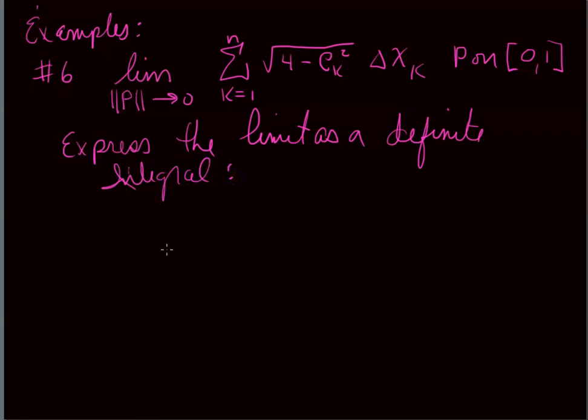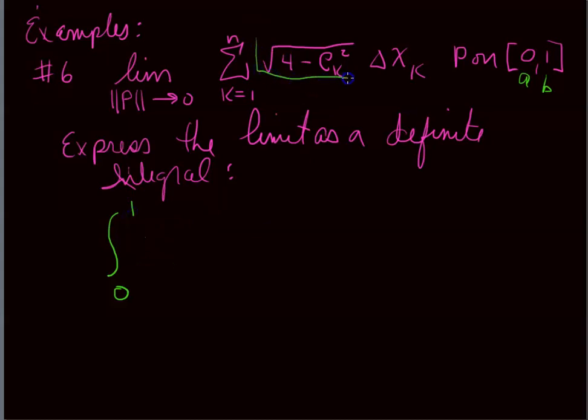So how do you do that? Well, first we change the color so we can mark things a little bit. So we need a definite integral. We need the integration sign. We need the limits, a to b. So this is going to be from 0 to 1. We need the function.